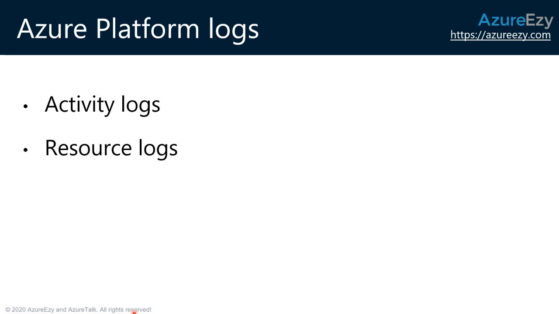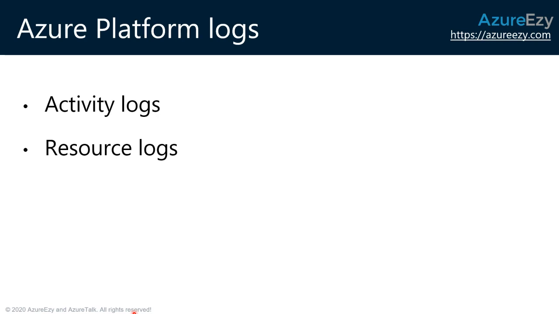There are resource-level logs which tell you how this resource is actually performing, whether it is able to run with the configured virtual CPU and configured RAM, all those things. And those metrics logs are called resource logs.